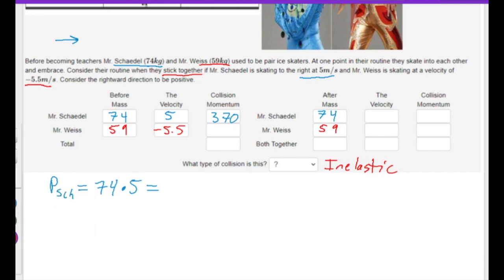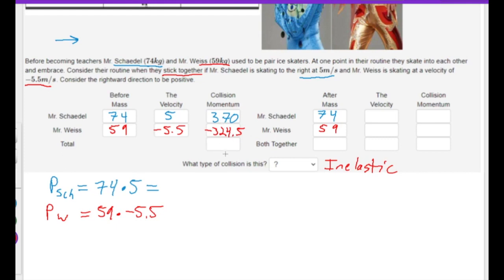The momentum for Mr. Weiss is the exact same thing, but with his mass, which is 59, times his velocity, which is negative 5.5. So I'll multiply those two things together, and I find out that Mr. Weiss's momentum is negative 324.5.